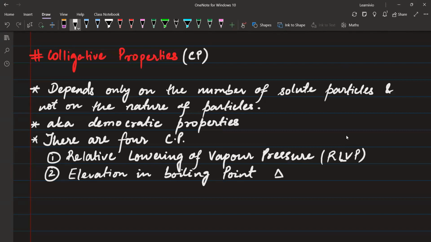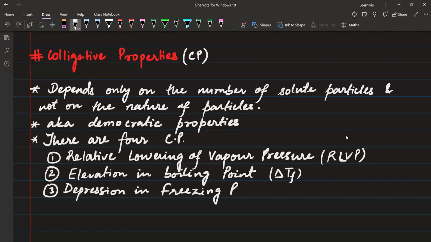That is represented by delta TB. Wait a second, ये delta TF नहीं होगा, my bad. This will be delta TB. Third, depression in freezing point, and this will be delta TF.